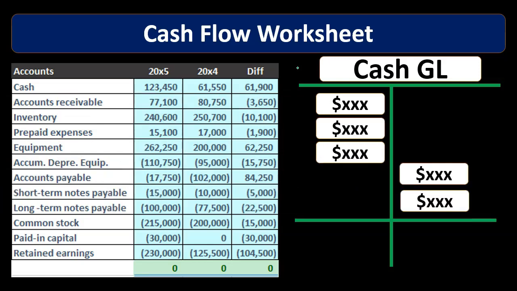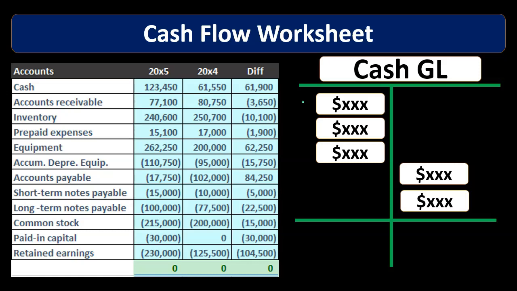And we know that if we looked at the entire GL for most companies, it would be very long, very extensive. But we can see all this activity, and if we're trying to look at the cash flow, one way we can do that is, of course, to look at the activity within the GL, and we can think about trying to categorize those. That would be one approach to figuring out what is happening within the cash flow.